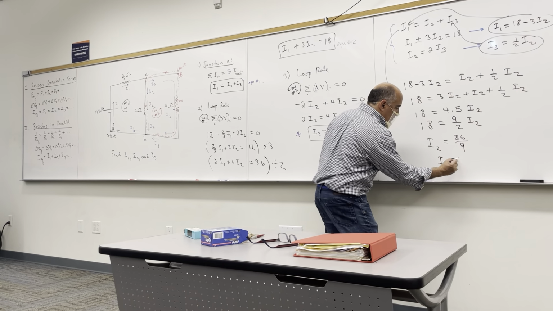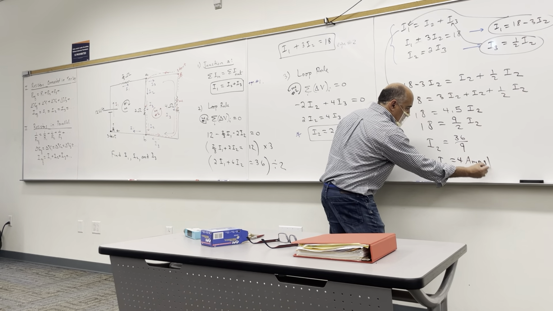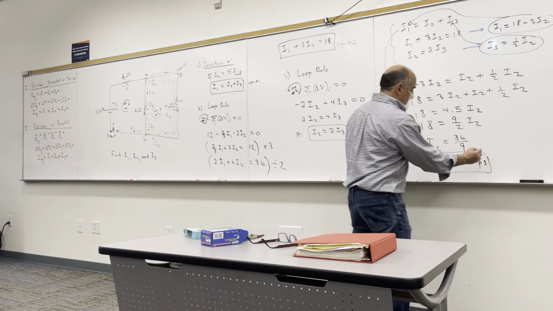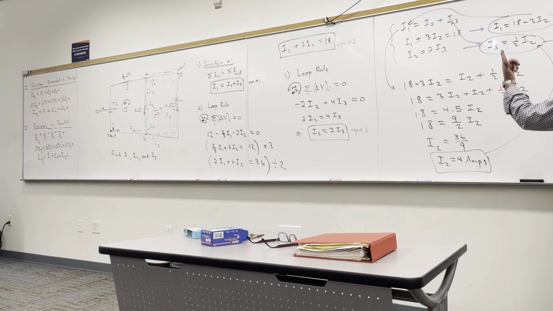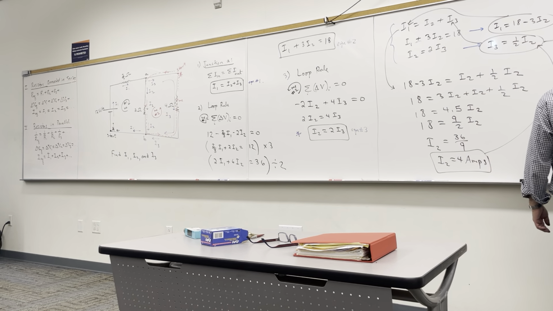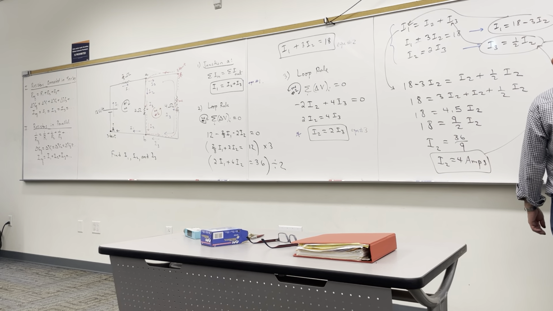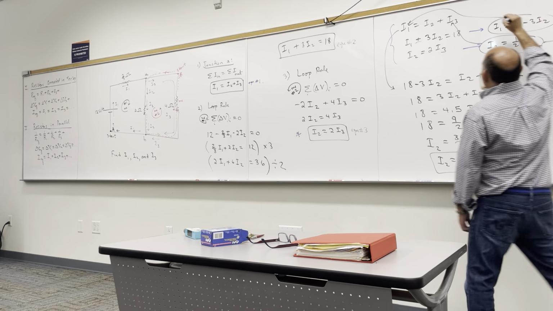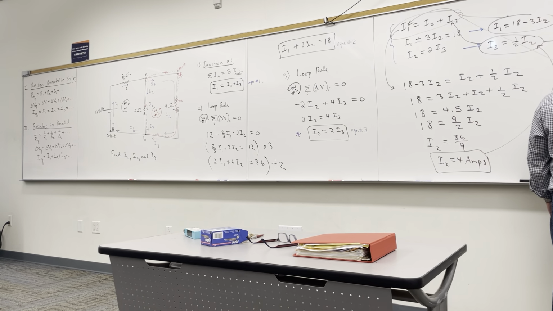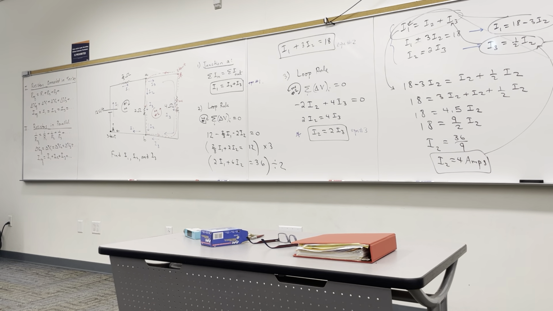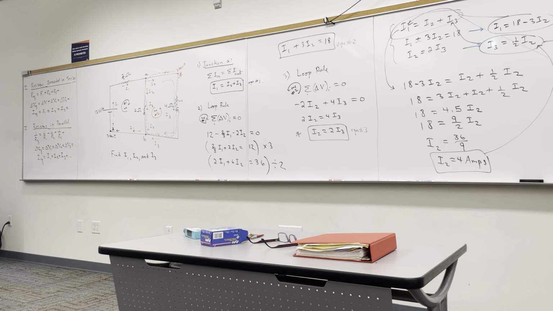So I2 is 4 amps. I can take that now and plug it in here and get I3, which is half of that. So half of 4 amps is 2 amps. And since I can now go to equation number 1, I1 equals I2 plus I3. I2 is 4 amps, and I3 is 2 amps, so I1 is 6 amps.